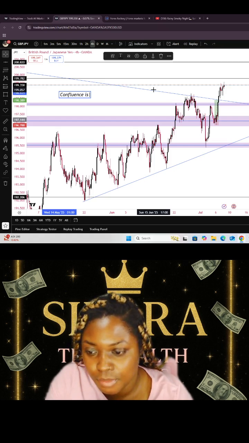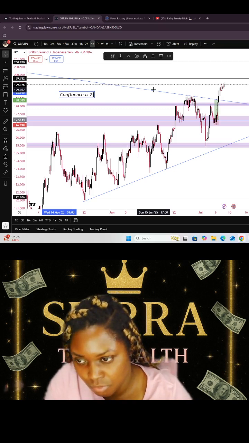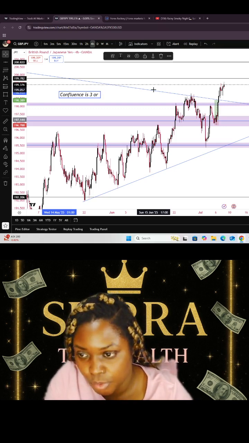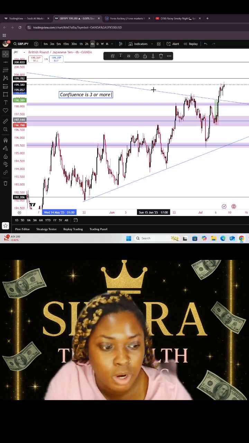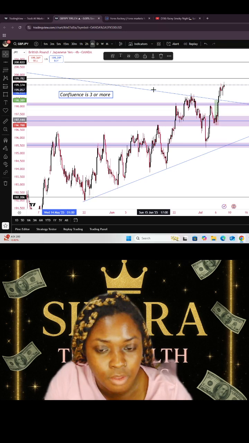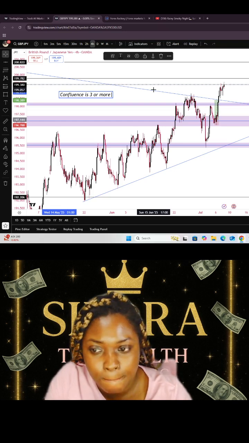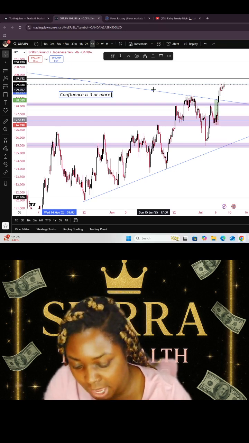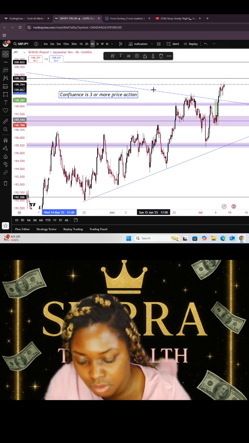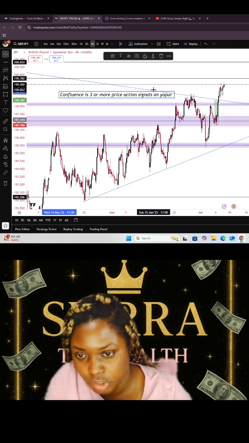A confluence is three or more price action signals on your chart.